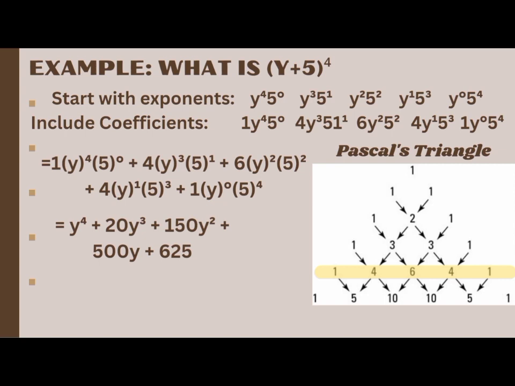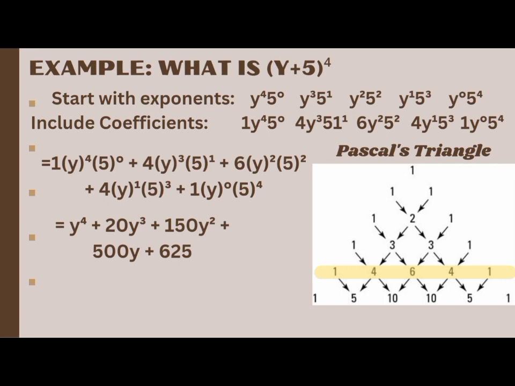5 to the power of 0 is equal to 1. 1y to the power of 4 times 1 is equal to y to the power of 4, plus 4y cubed times 5 is equal to 20y cubed, plus 6y squared times 5 squared is equal to 150y squared, plus 4y to the power of 1 times 5 cubed is equal to 500y, plus 1y to the power of 0 is equal to 1. 5 to the power of 4 is equal to 625.